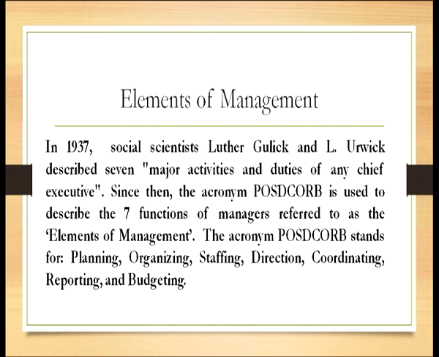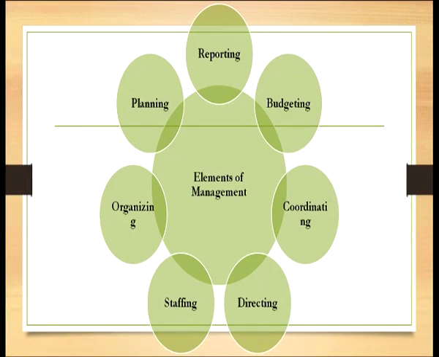The acronym POSDCORB stands for planning, organizing, staffing, directing, coordinating, reporting and budgeting. So, these are the elements, starting from planning to organizing, staffing, directing, coordinating, reporting and budgeting. These are the elements of management.